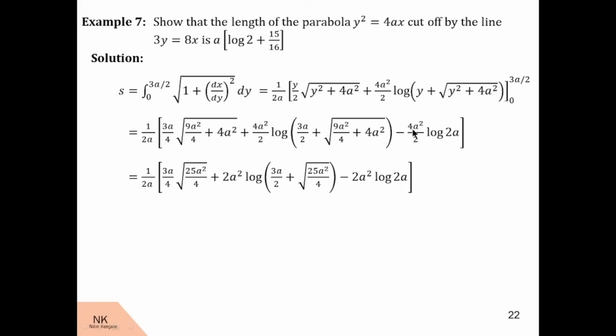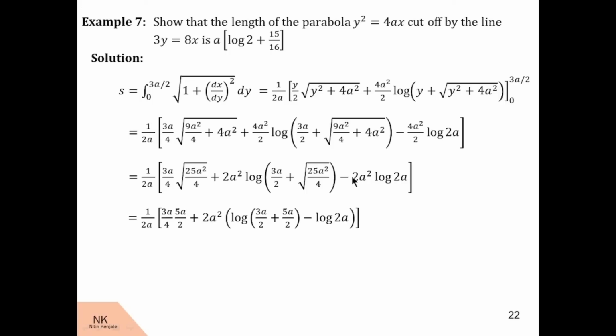Similarly, here also we will have 2a square into log 2a. Now this 2a square and this 2a square is a common term. We can take it out, as well as this 25a square by 4 is in the under root sign. We can write it by removing this under root sign as 5a by 2, like this.